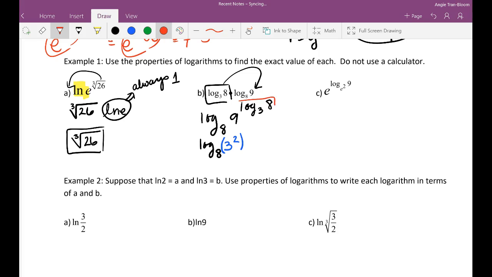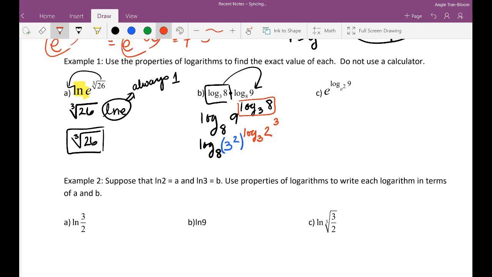Let me box this power in red. So that is raised to the power of log base 3 of 8, which is going to be 2 to the 3rd. Oh my gosh, so many powers.